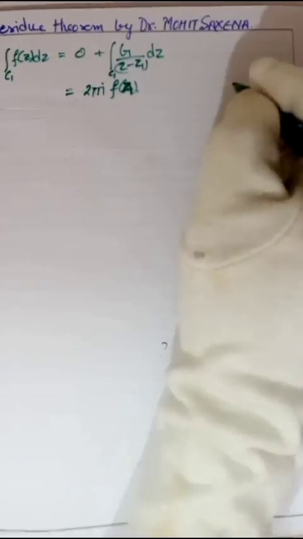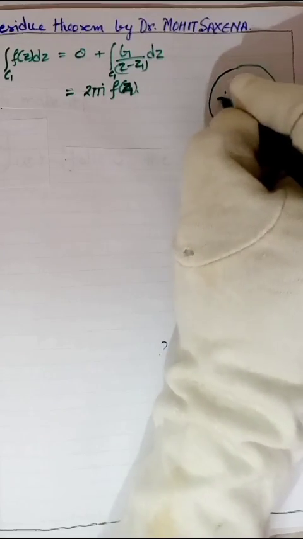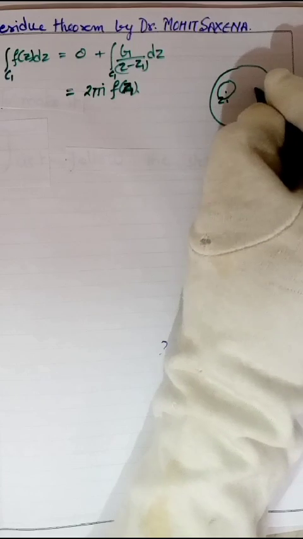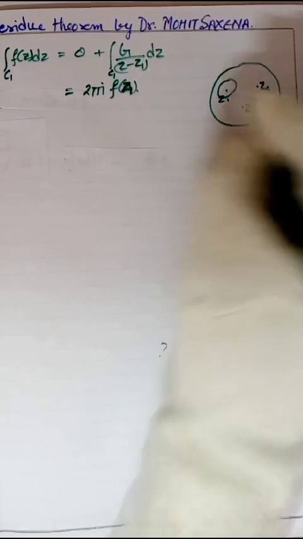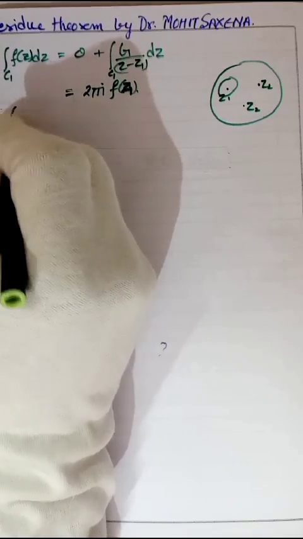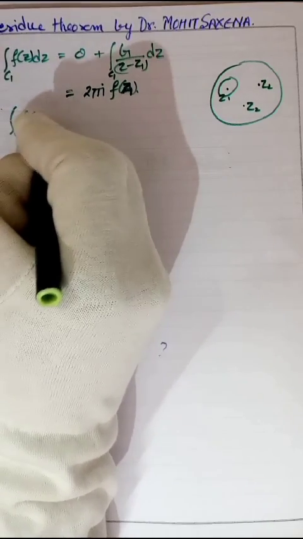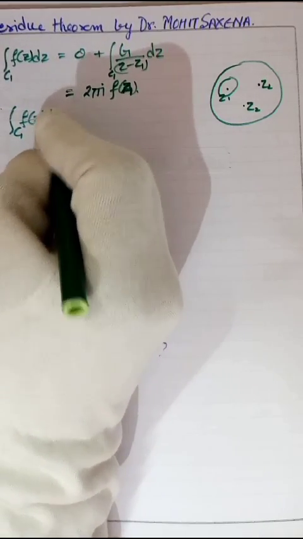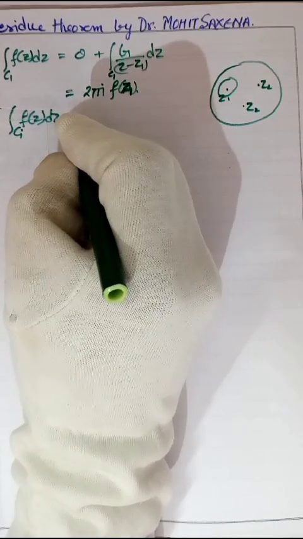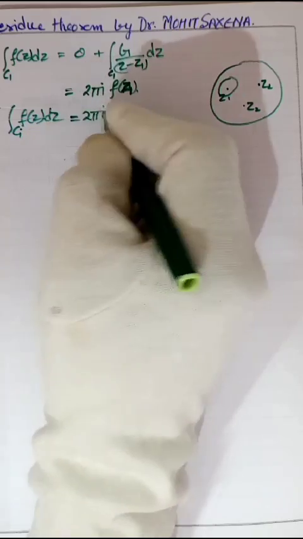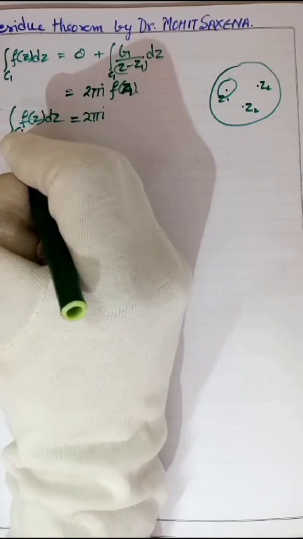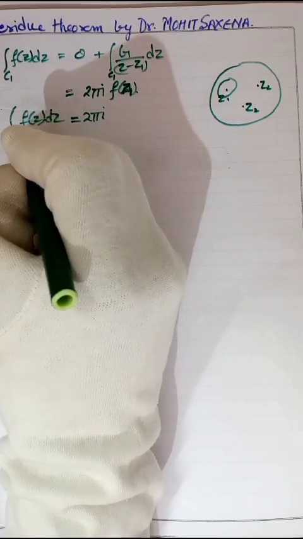This is for the point z1. Similarly, for point z2, point z3, all other integrals would also follow. The integral over Ci of f(z) dz is equal to 2 pi i times the residue. This i is not identical, so we take this i as different.